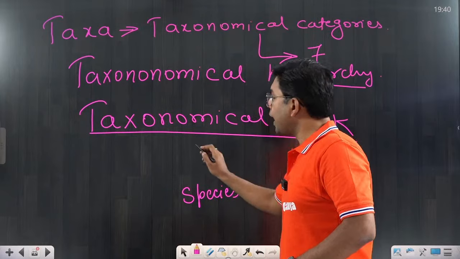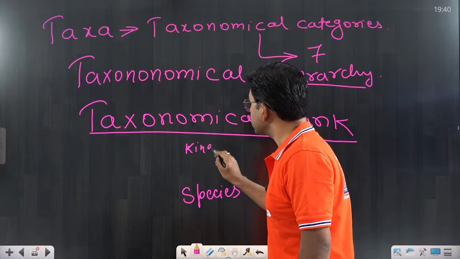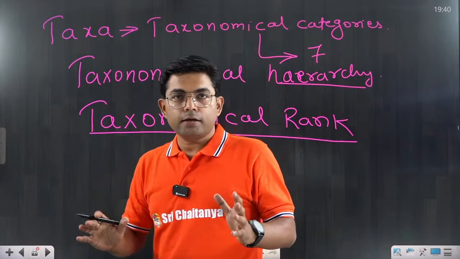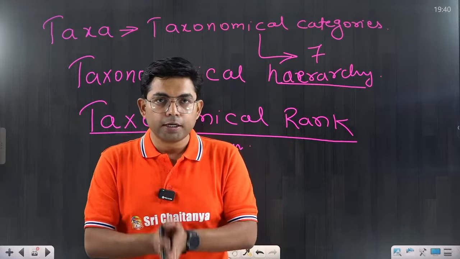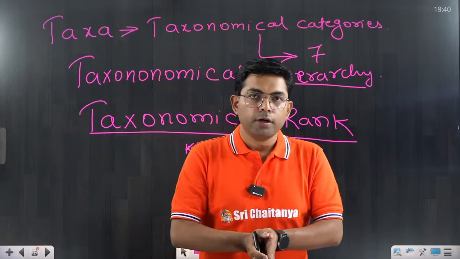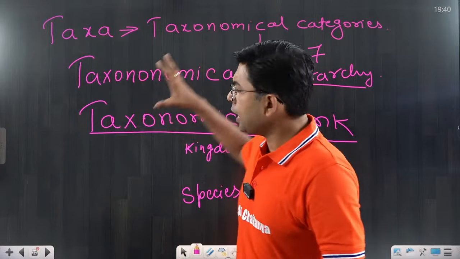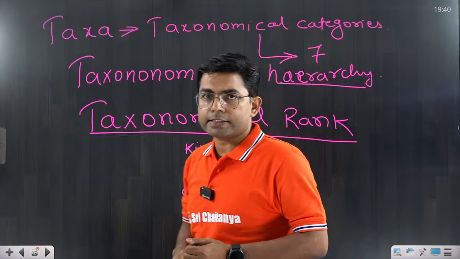And which one is at the highest rank? You will say kingdom is the highest rank. So here 3-4 terms are there. You understood? Taxonomical categories, taxonomical rank, taxon, and taxonomical hierarchy. All these terms are quite used here, so you should be able to understand them.